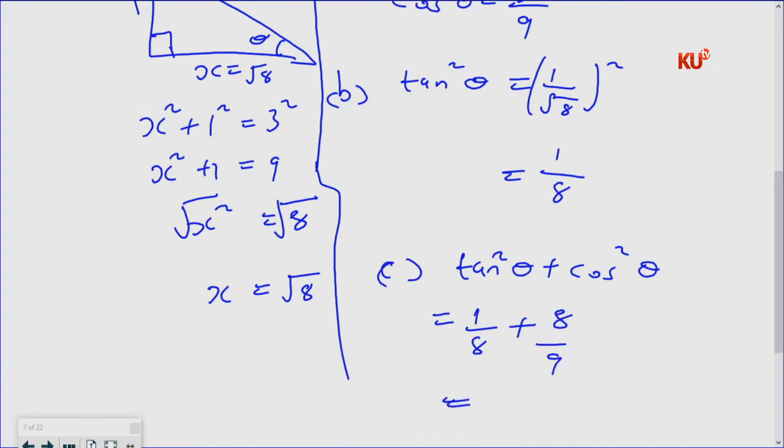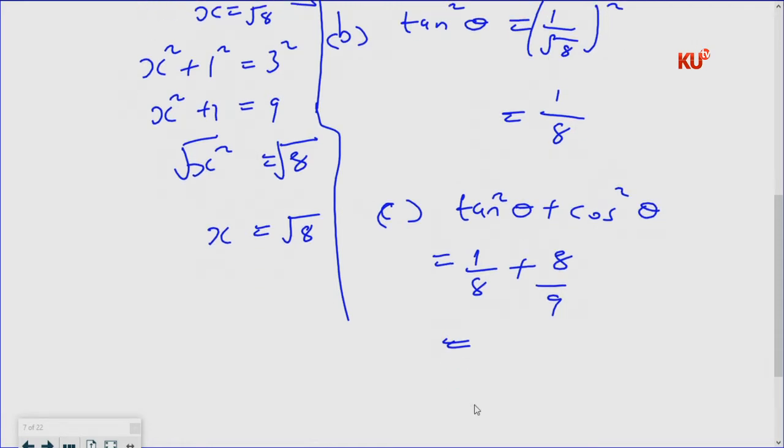So you only need to add these, and as I always tell my students, in math don't do guesswork. So if you don't know, just use your calculator, as I also have mine. 1 over 8 plus 8 over 9. This one gives us, yes, Lana, what are you getting? 1 over 8 plus 8 over 9.